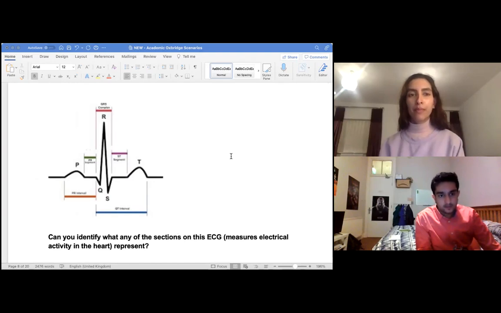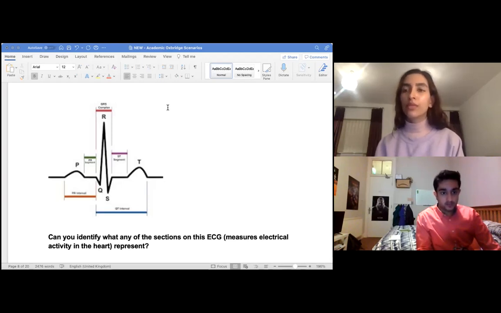Then the QRS is the ventricular depolarization or systole or contraction. And then the T wave is relaxation of the ventricles. I know that the atrial relaxation is also in the QRS complex, but it's hidden behind the other parts of the QRS complex.